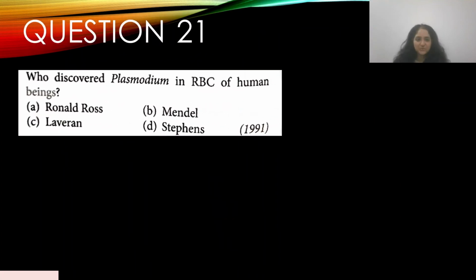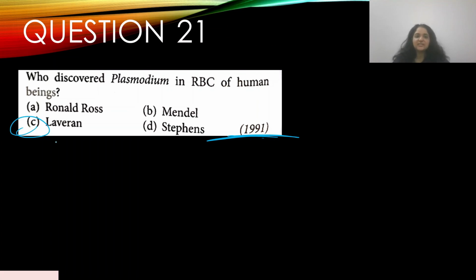Question number 21. Who discovered Plasmodium in RBC of human beings? Again, it's factual based and related to malaria and Plasmodium. It appeared in 91. A, Ronald Ross, B, Mendel, C, Laveran, and D, Stephens. Who discovered Plasmodium in RBC of human beings? It's actually Laveran.